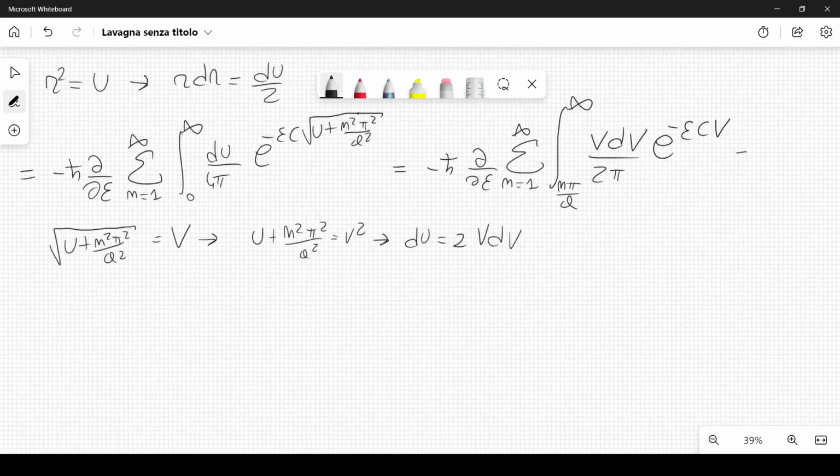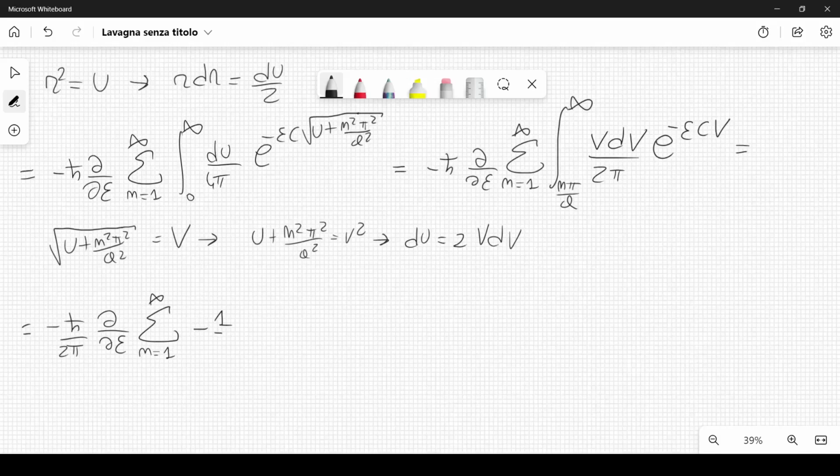Now, this can be rewritten in this form, so you have minus h bar over 2 pi d over d epsilon summation over n from 1 to infinity minus 1 over epsilon c, which multiplies the integral from n pi over a to infinity of v times the differential of e to the minus epsilon cv.